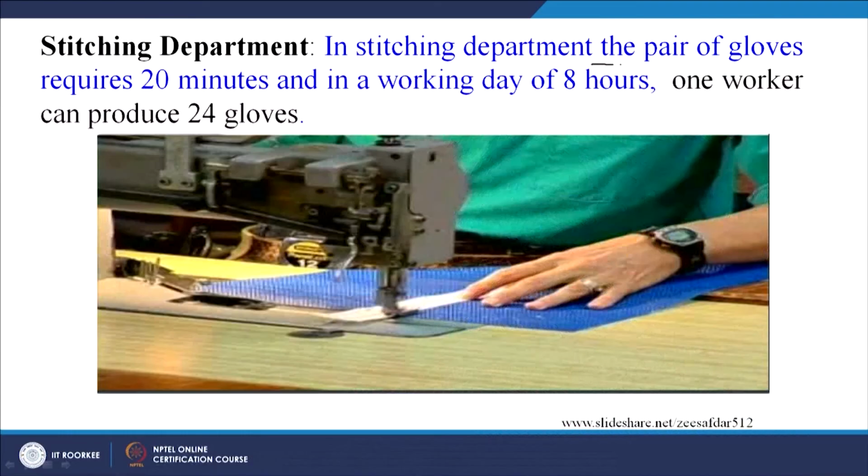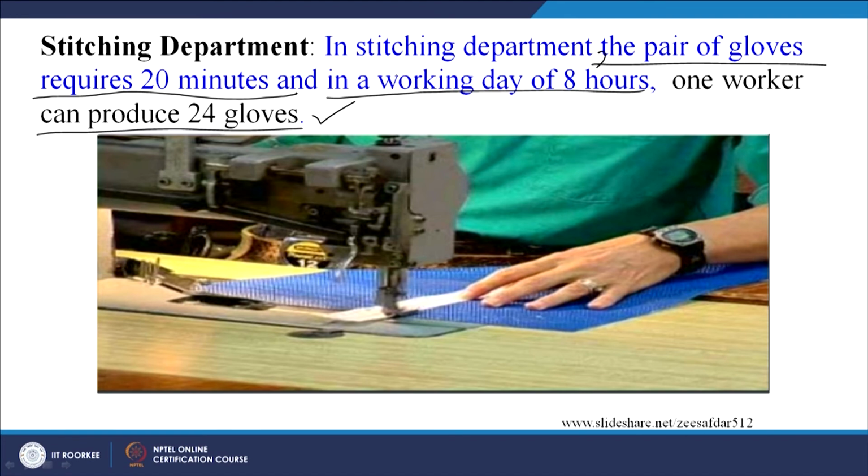Now, very quickly let us see how the work measurement output would look. In a stitching department, one pair of gloves requires 20 minutes, and in a working day of 8 hours, that is 8 hours multiplied by 60 minutes, one worker can produce 24 gloves.